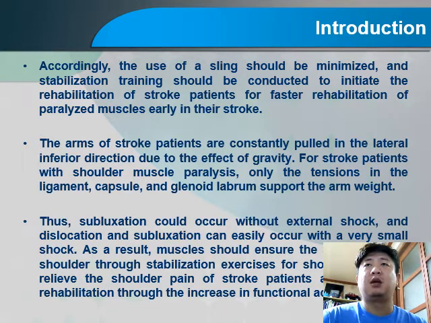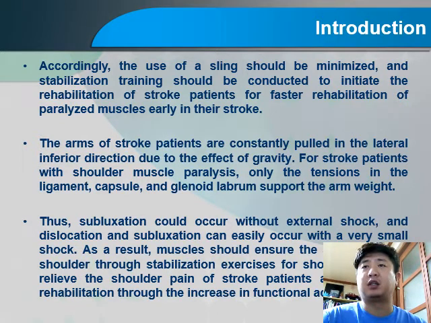The arms of stroke patients are constantly pulled in the lateral inferior direction due to the effects of gravity. For stroke patients with shoulder muscle paralyzed, only the tension in the ligament capsule and glenoid labrum support the arm weight.